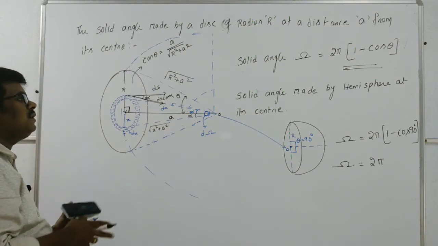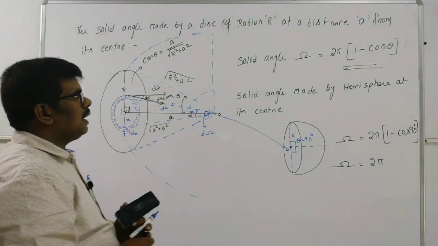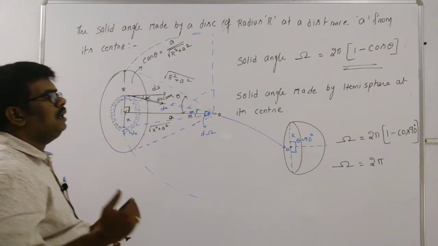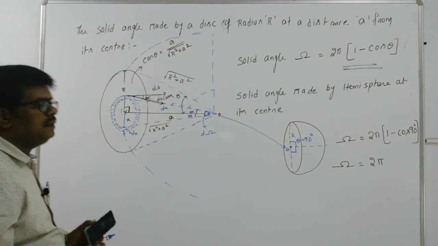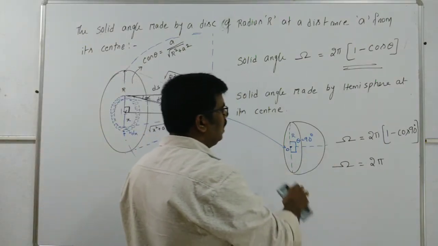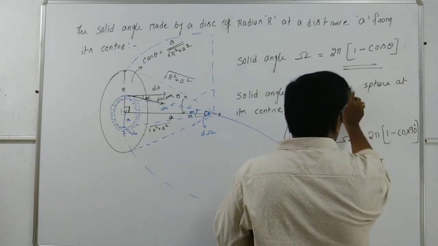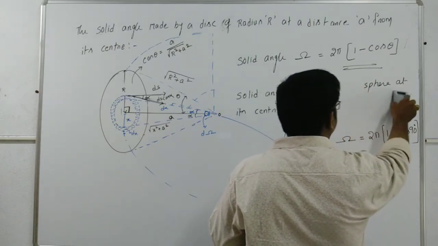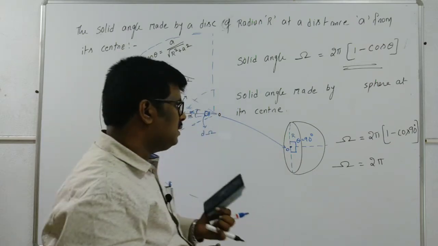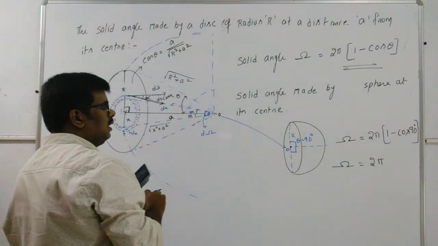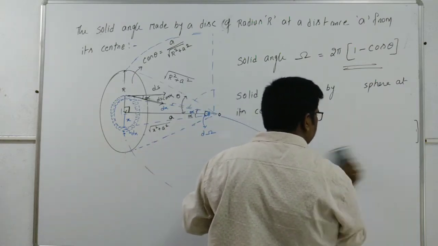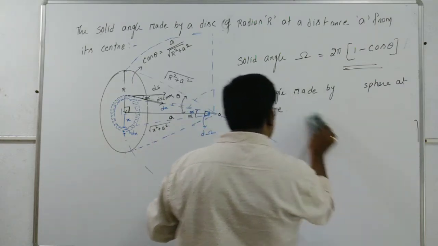As well as the complete sphere. If we take a complete sphere, what is the solid angle made by the sphere at its center? Let us take the solid angle made not by the hemisphere now, but by the complete sphere at its center. Complete sphere means we can write how much solid angle it makes.